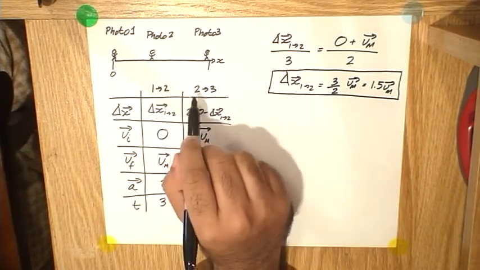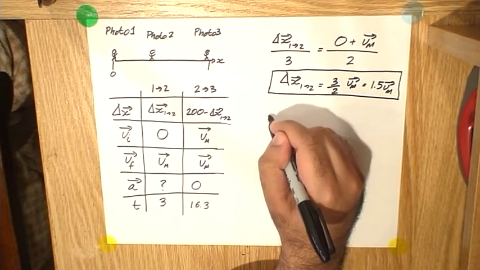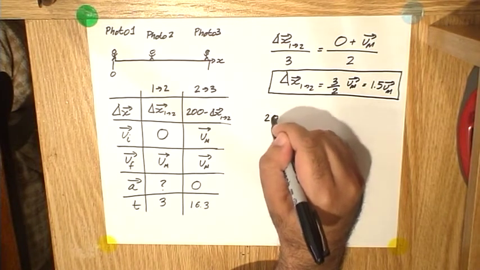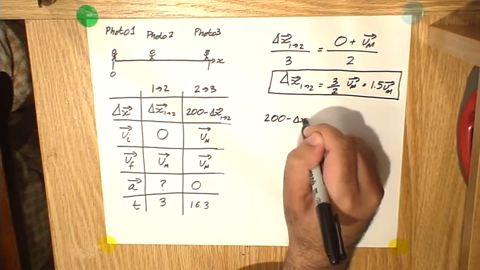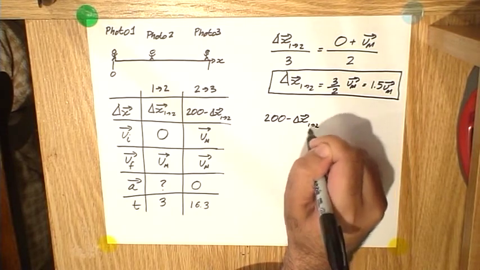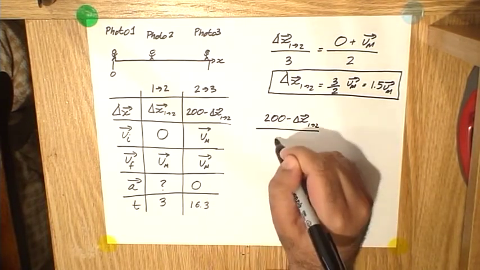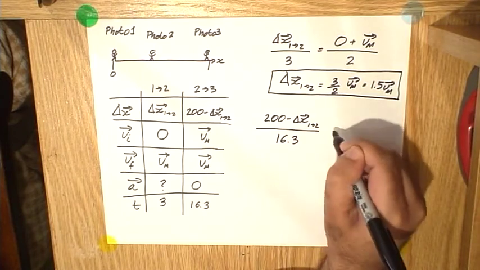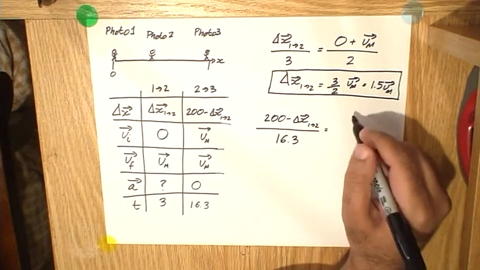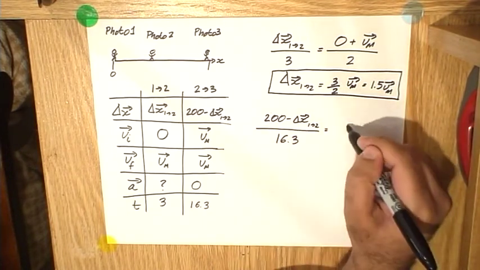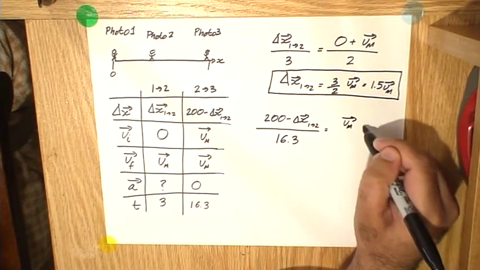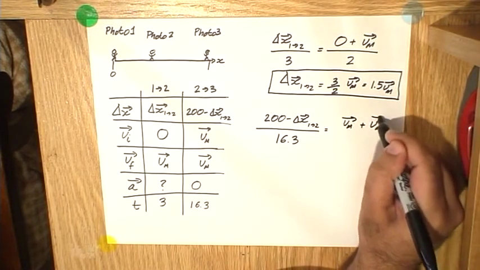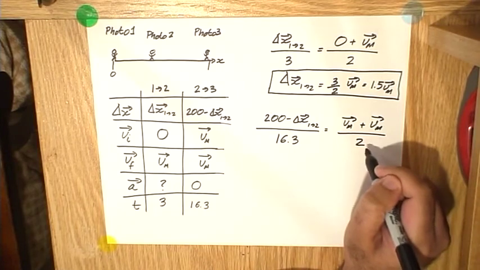What about from photo 2 to 3? Well, here the displacement is 200 minus delta x 1 to 2. The time is 16.3, which is equal to, the initial velocity was Vmax, the final velocity is also Vmax, and we divide the whole thing by 2.